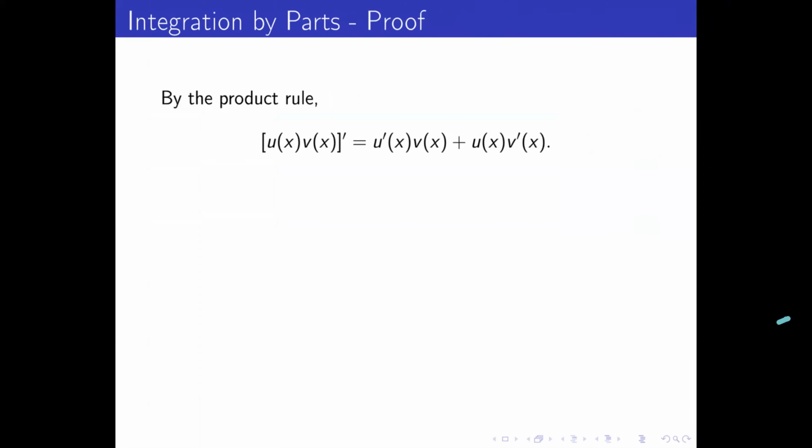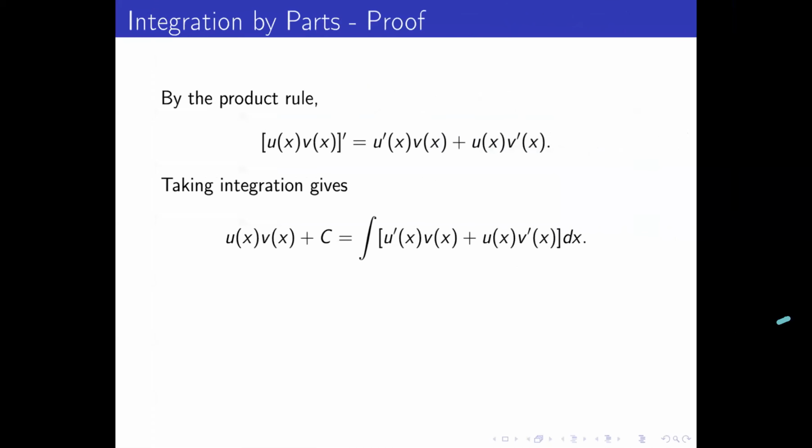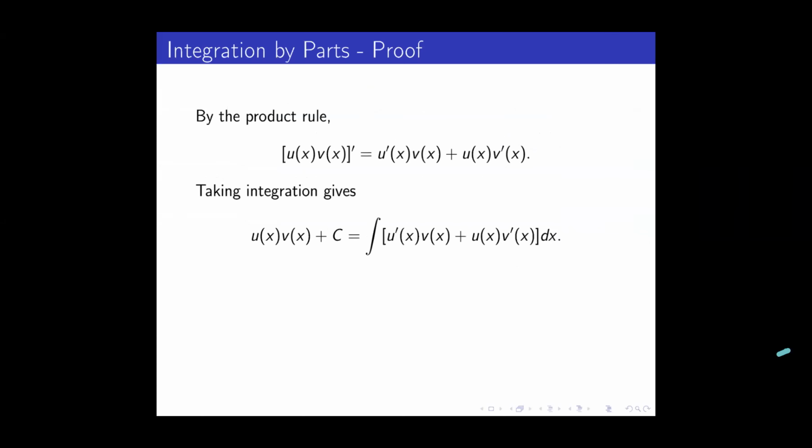When you differentiate u times v, then you get this one. And now you integrate both sides, taking an indefinite integral on both sides, and you know that the antiderivative of this is clearly u(x) v(x) plus C, right?